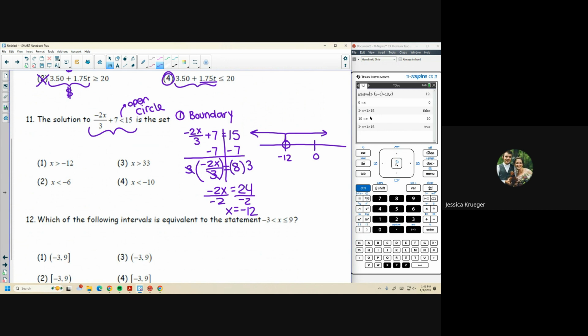Okay, so I'm going to test 0. I'm going to take 0 and store it as x. And now I'm going to plug in my inequality. So I need a fraction, negative 2x over 3 plus 7 is less than 15.